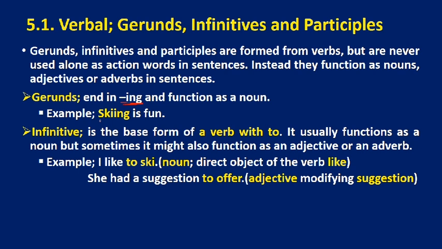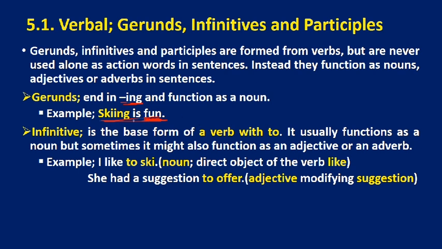For example, in the sentence "skiing is fun", ski is a type of sport. It means sliding on snow. But when we say "skiing is fun", we have the verb, the action, "is fun".